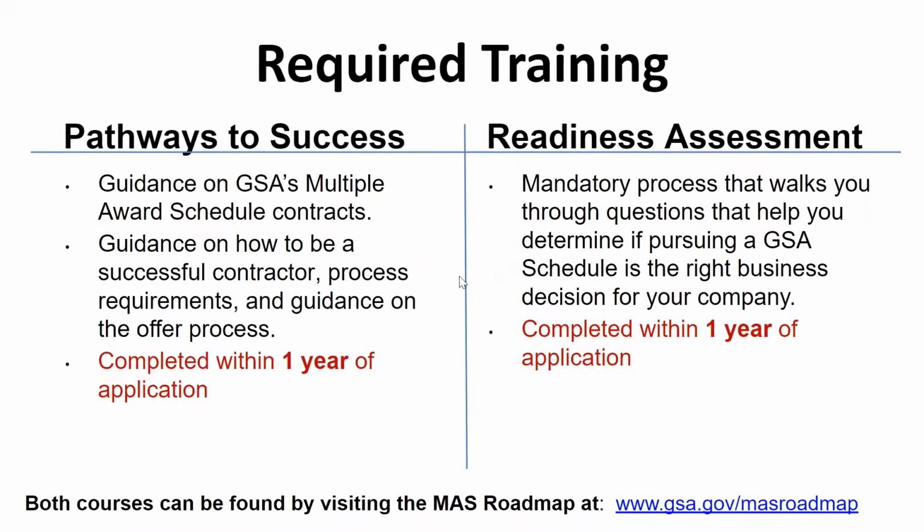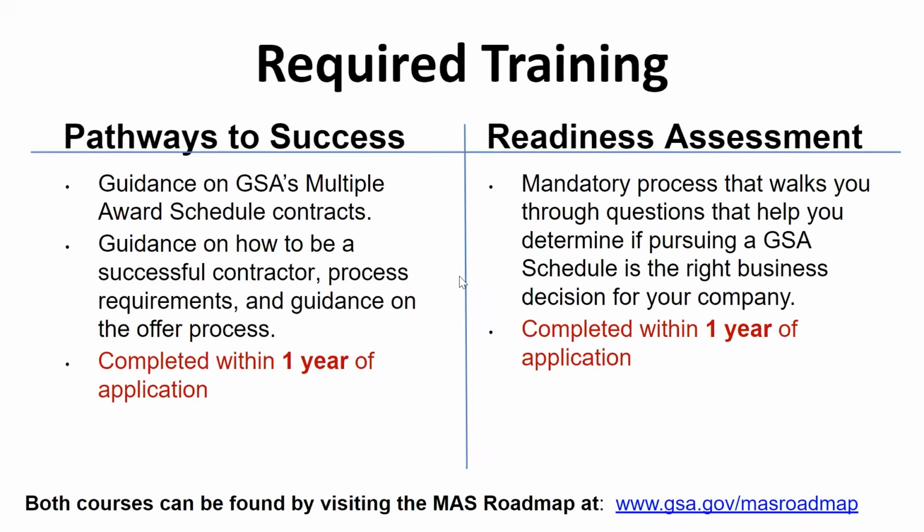And then the readiness assessment. This is another training that you would take. And this training makes sure that you understand the market potential within the schedules program. So you will answer questions like, how many companies are on this one particular schedule?